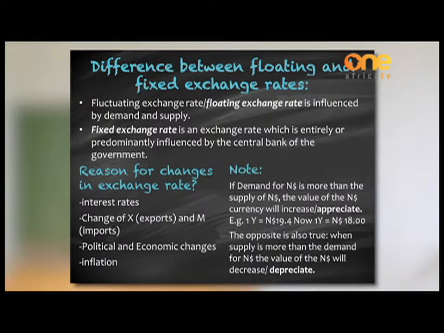If supply is more than the demand, the lower the value of this exchange rate. And then we also get another type of exchange rate, and that is a fixed exchange rate. So immediately, you see what floating is, and now I said some countries are also using a fixed exchange rate.